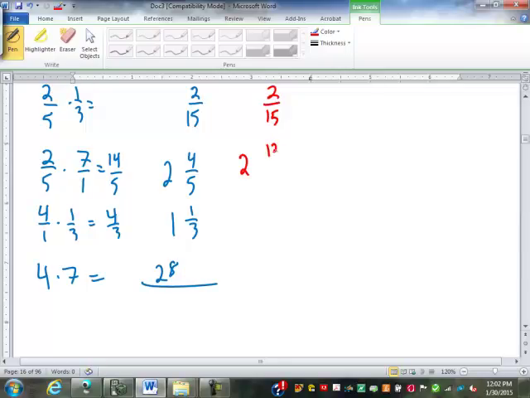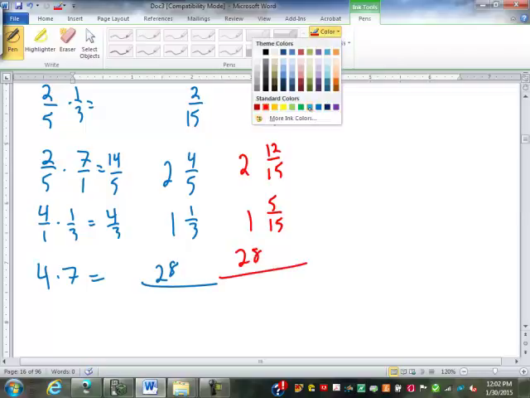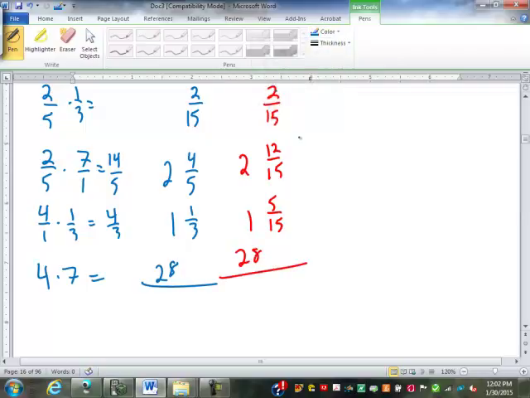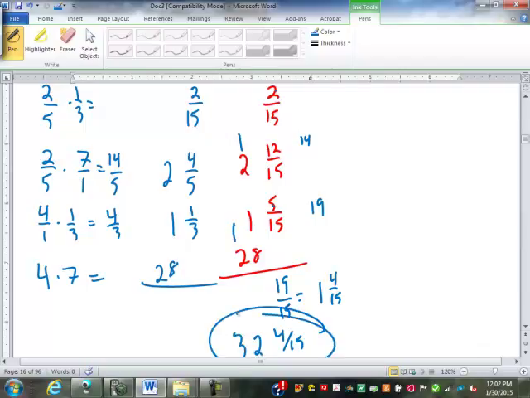This is 2 12/15. 1 5/15, and 28. Adding 2 and 12 is 14, plus 5 is 19/15, which is 1 and 4/15. Keeping the 4/15, carry the 1. 1 and 2 is 3, 4, 12, carry the 1. 32 and 4/15. We get the same answer.